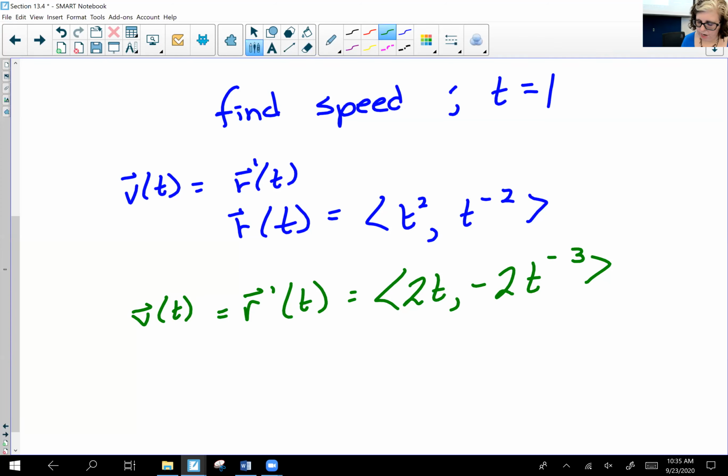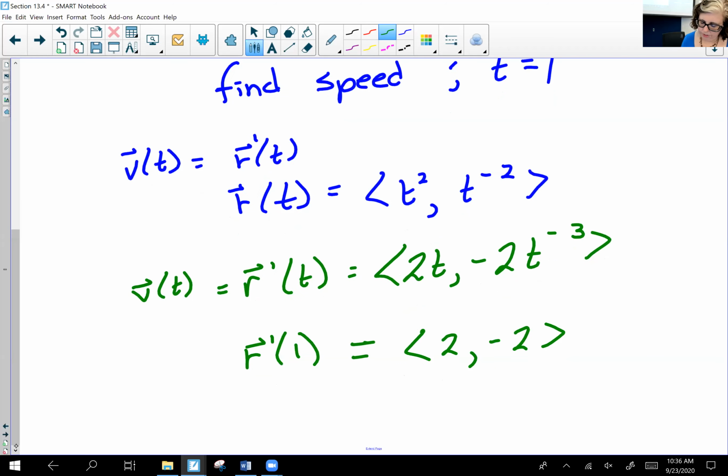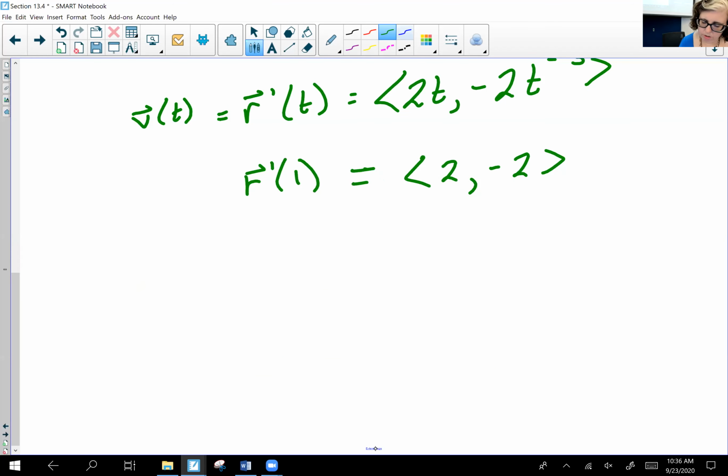All right, so what's happening here? If t equals 1, what are we going to have? We're going to have 2, and then negative 2. Since this is 2 dimensions, this isn't too hard, so to speak. Our position vector is going to start off here, and then this is going to be positive x and that's going to be negative y.